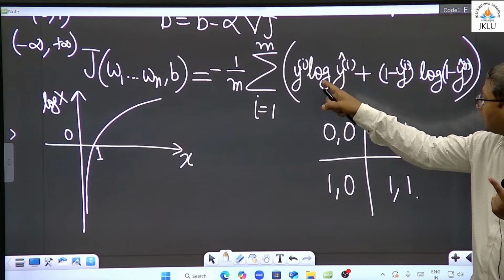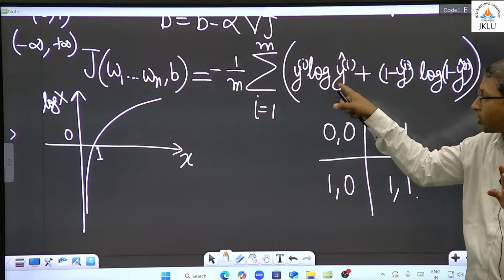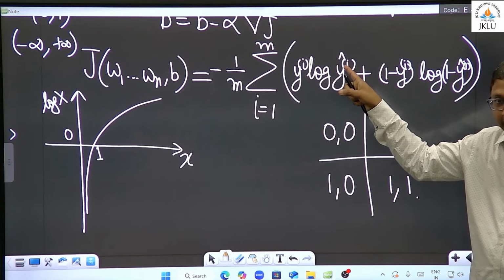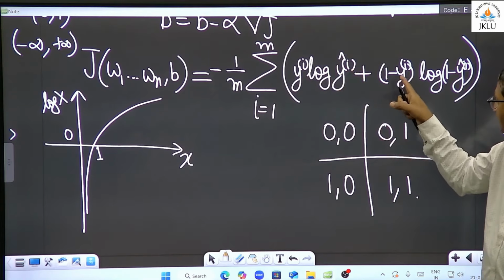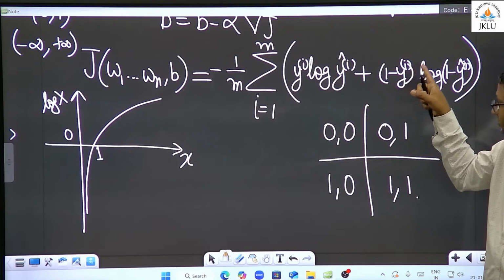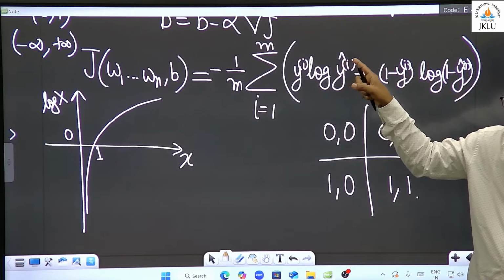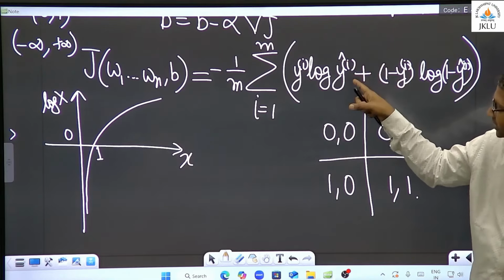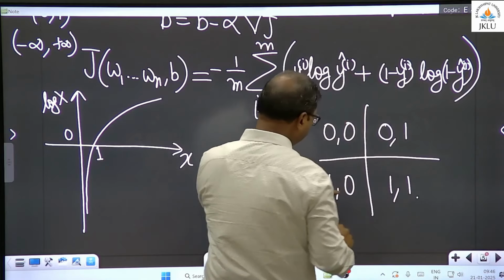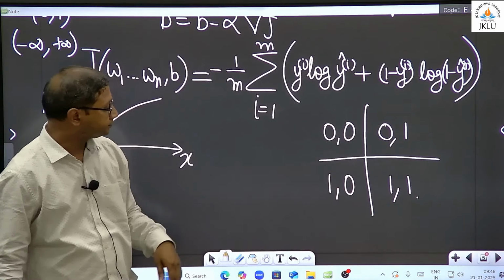So what do I do here? But y is 1, so this is log 0, that gives me minus infinity. What was this? The answer was 1, so 1 minus 1 gives me 0. So what is the error? What is the penalty? Minus infinity. What will happen in this case now? Plus infinity.